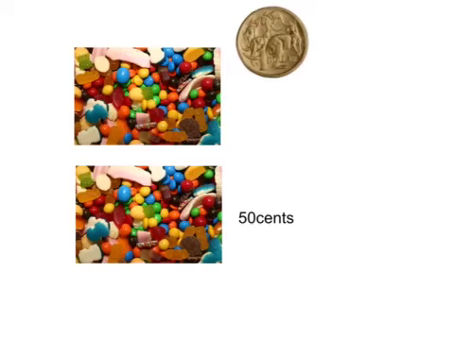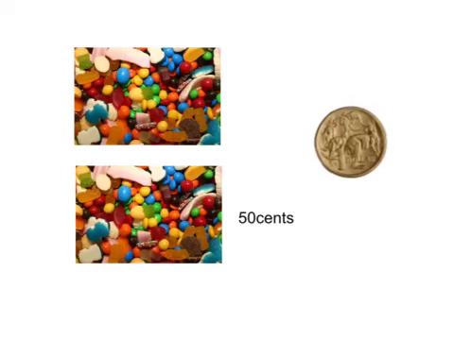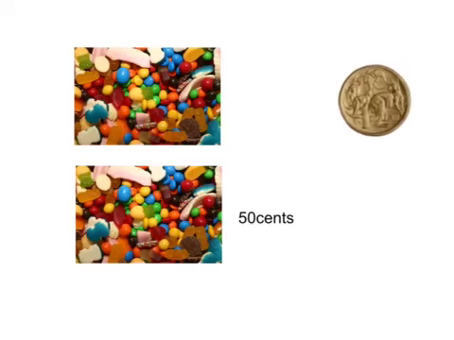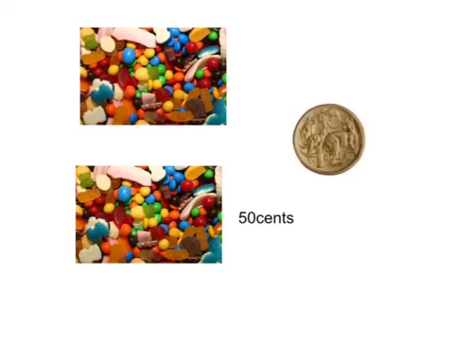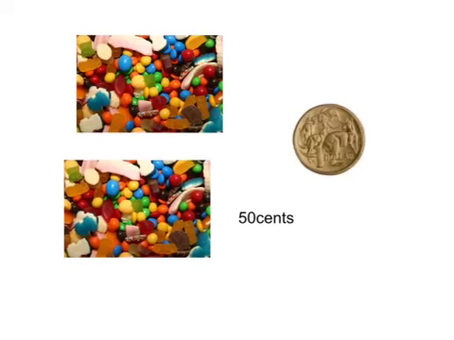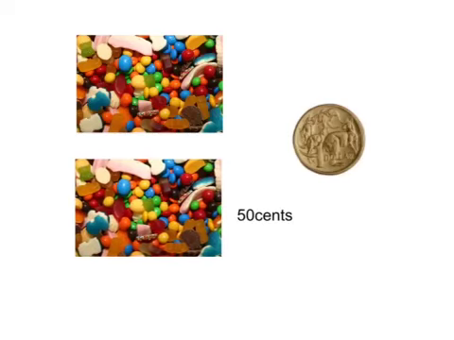So we now can buy 2 lots of lollies that are worth 50 cents each, and we only have to hand over 1 coin. If we add the 50-cent lollies together, we end up with $1. Problem solved. But it's not always like that.